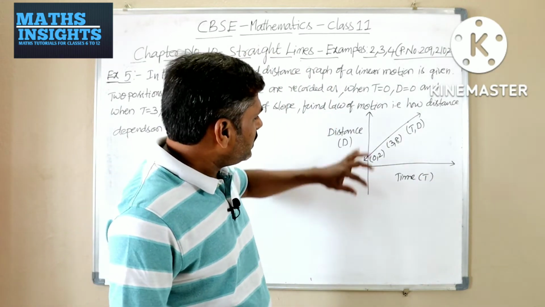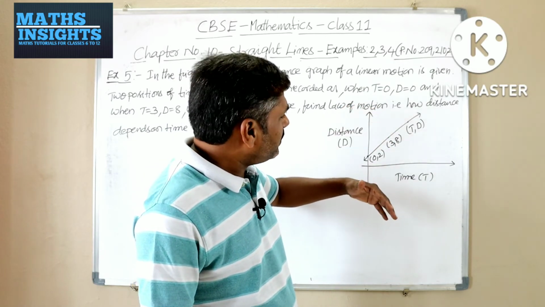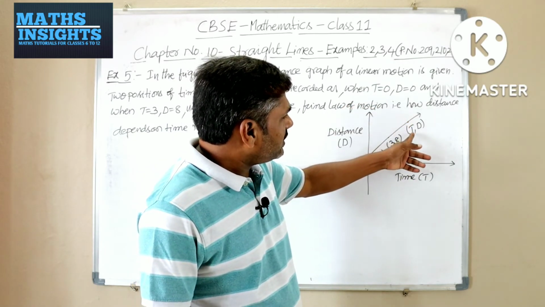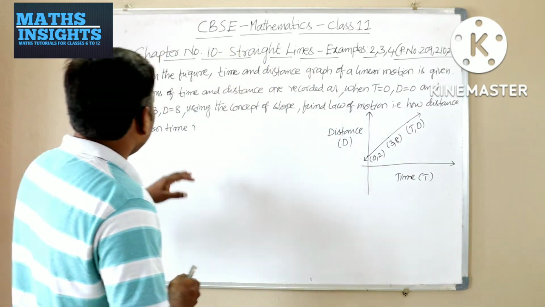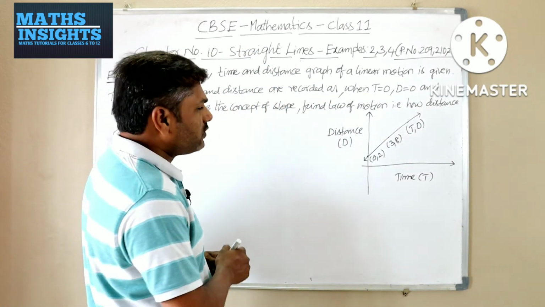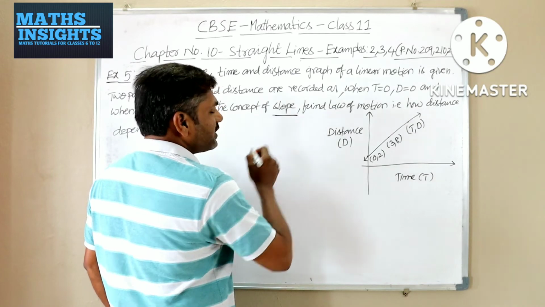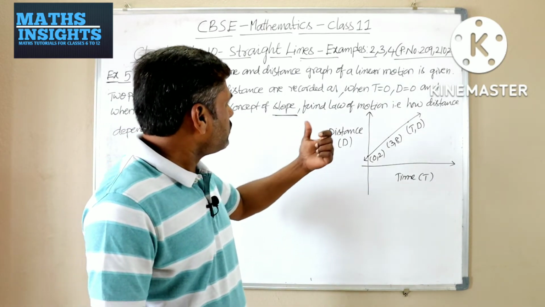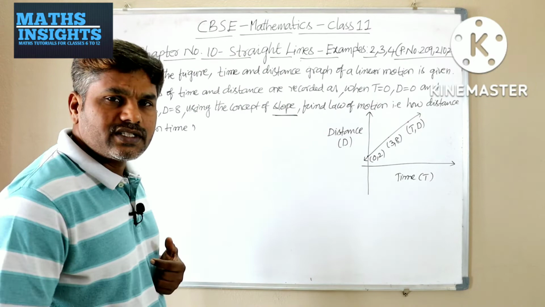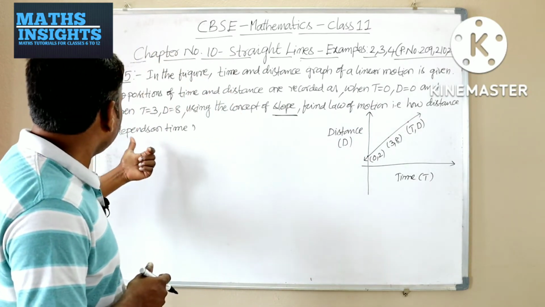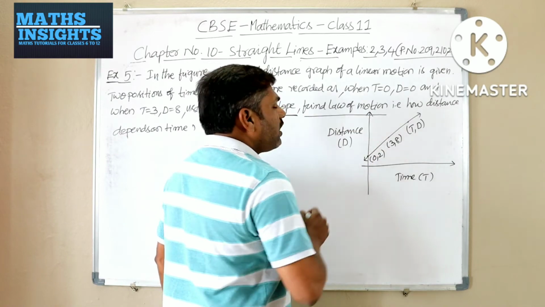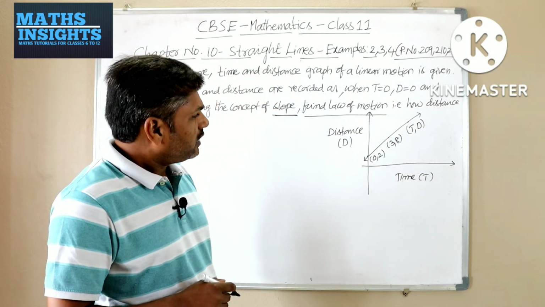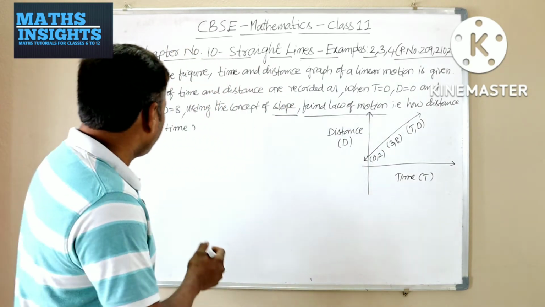Such positions are given as (0, 2) and (3, 8), and they are saying that the third position is (t, d). Then using the concept of slope again, you have to find how this distance depends on time, by using the law of motion. It's very simple, my dear students.